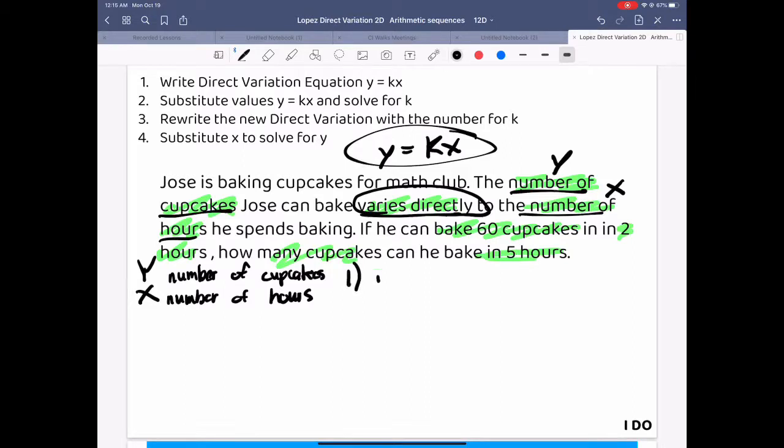Step 1, y equals kx, where y is 60, because that's the number of cupcakes. x is 2, because that is the number of hours. Now I'm going to go ahead and substitute.